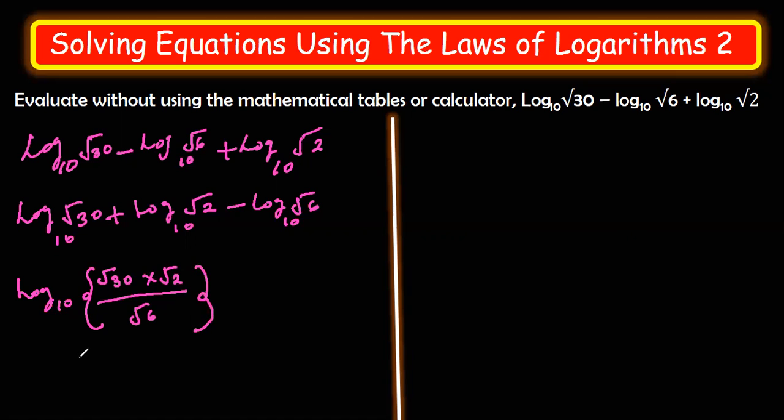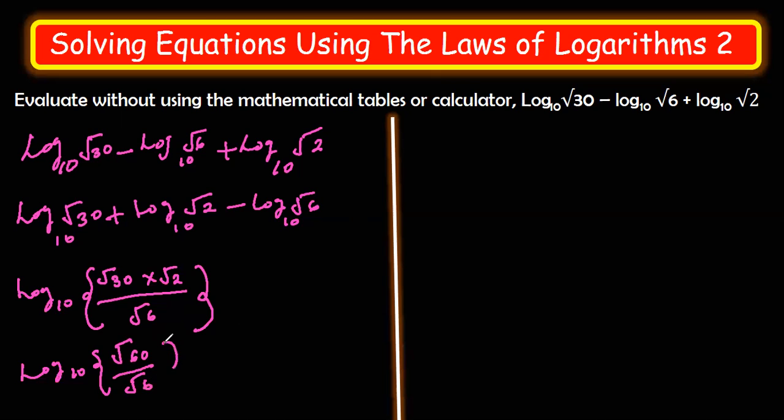Okay, then we have log. So root 30 times root 2, it should be root 60, not root 70. So we should have root 60 divided by root 6.